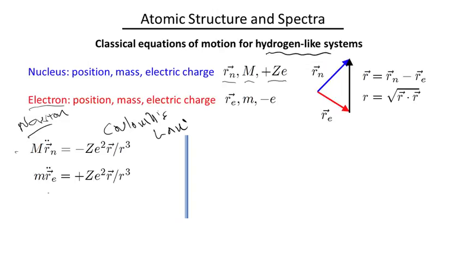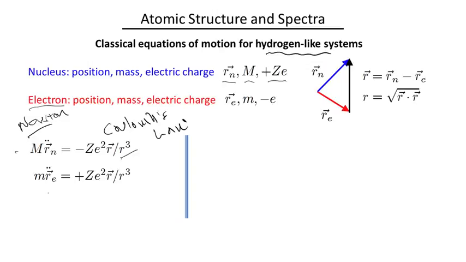The force on it is in the direction of the electron-nuclear distance, and it's inversely proportional to the square of that distance. You see there's a factor of r from the vector and a factor of r cubed below. So that's a 1 over r squared force law. And then according to Newton's third law, there's an equal but opposite force on the electron. So you have the same thing there.